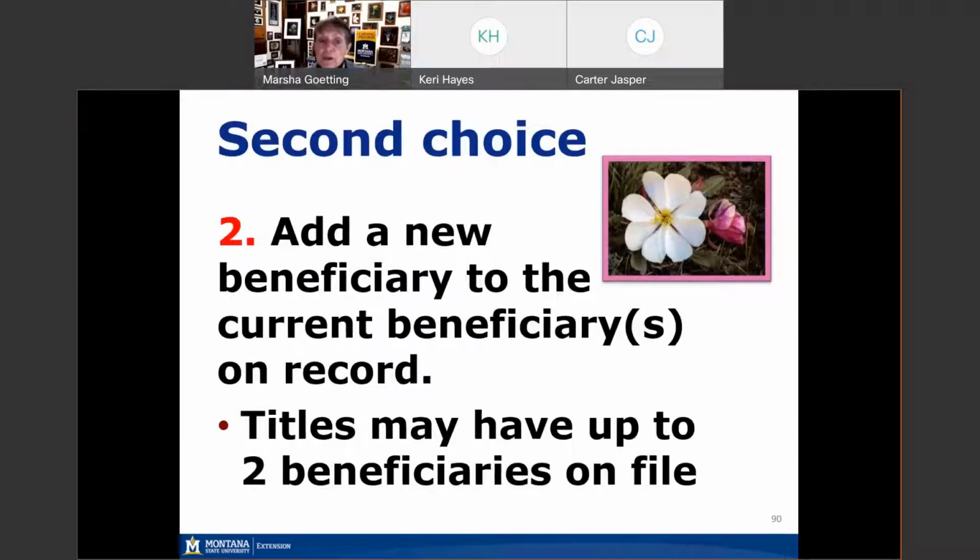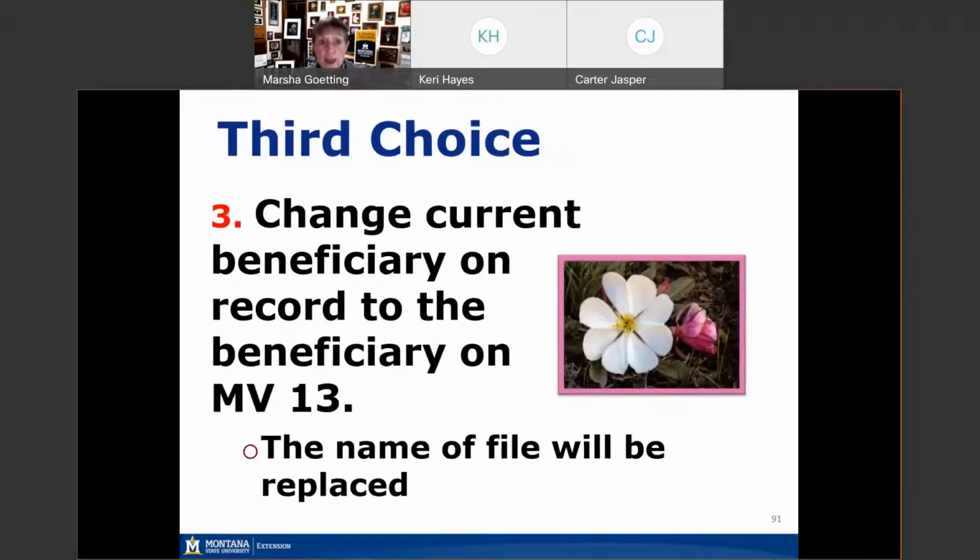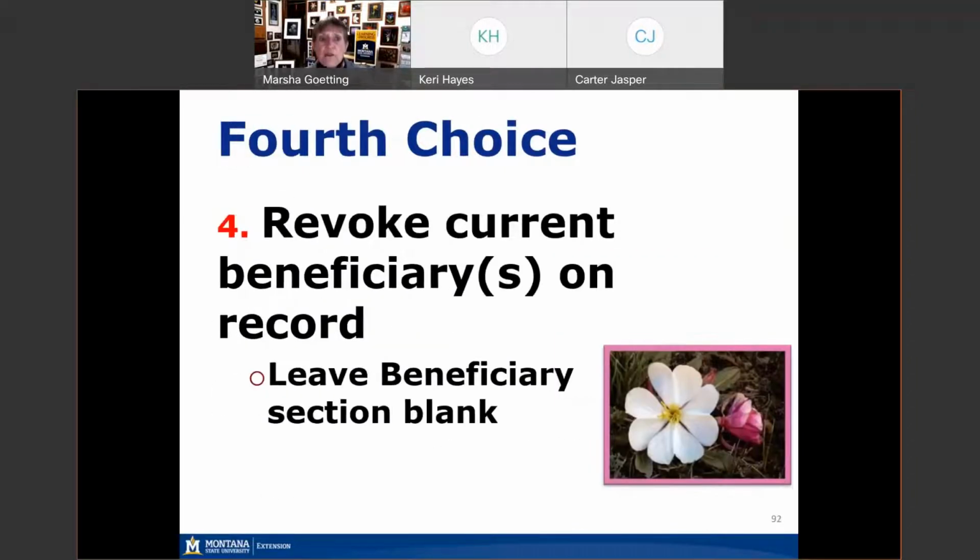You can add the beneficiary's name when you already have one and now you want to change it or renew. And then if you want to change the person that's on there is another opportunity. And then if you want to revoke your beneficiary, then you leave that section of your title or the MV13 blank.